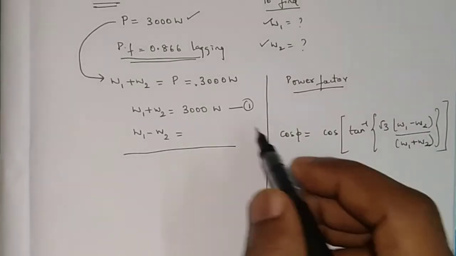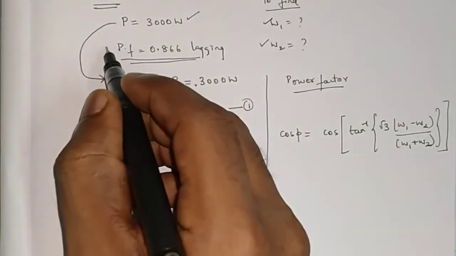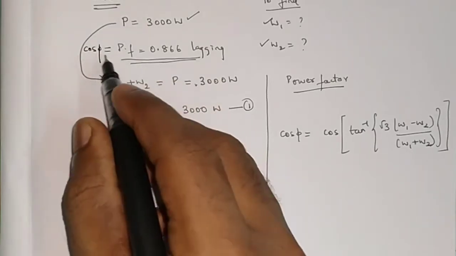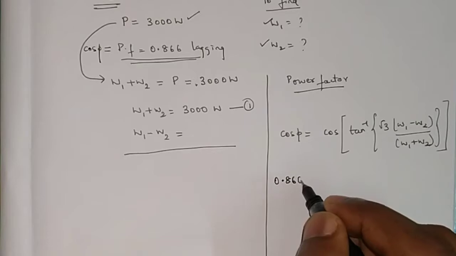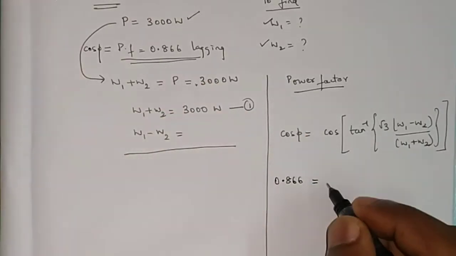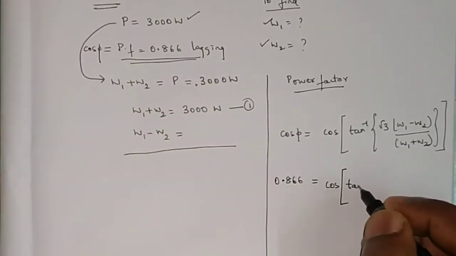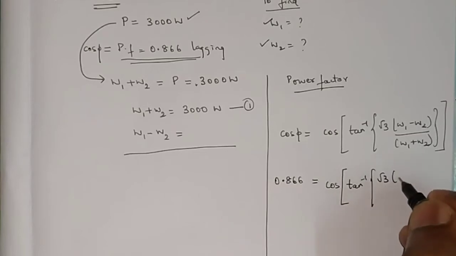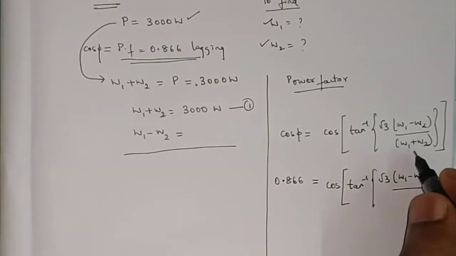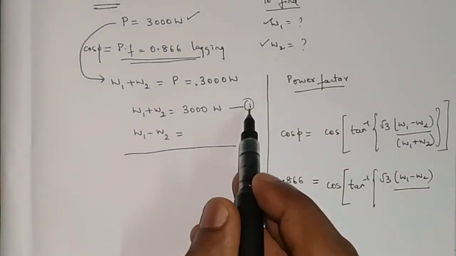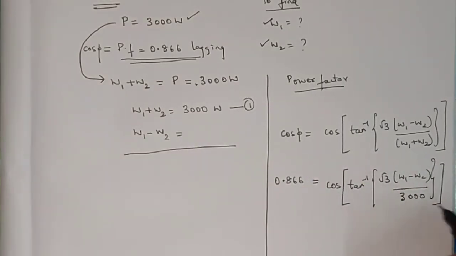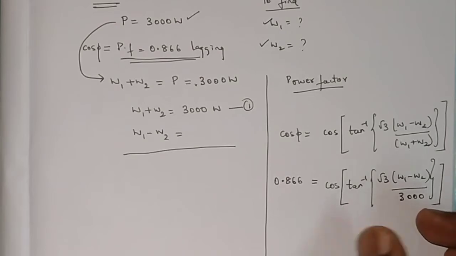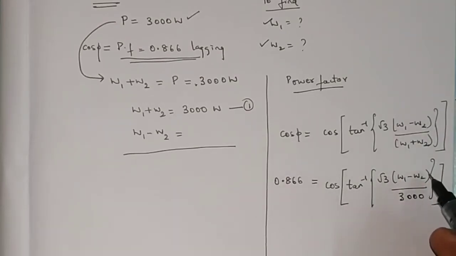Power factor is nothing but cos phi, and the value is given. I can substitute 0.866 in the place of cos phi, which is equal to cos of tan inverse of root 3 (W1 minus W2). In the denominator, W1 plus W2 is equation number 1, whose value is 3000. Substitute here.